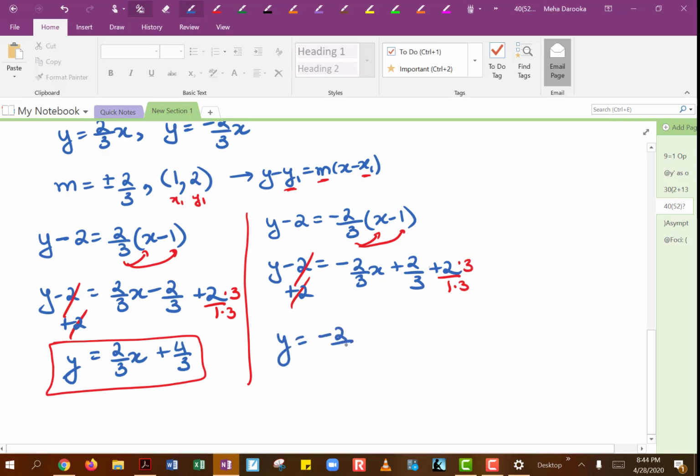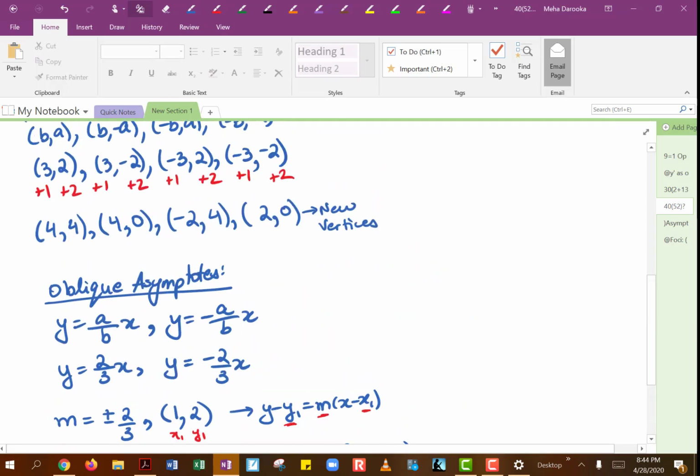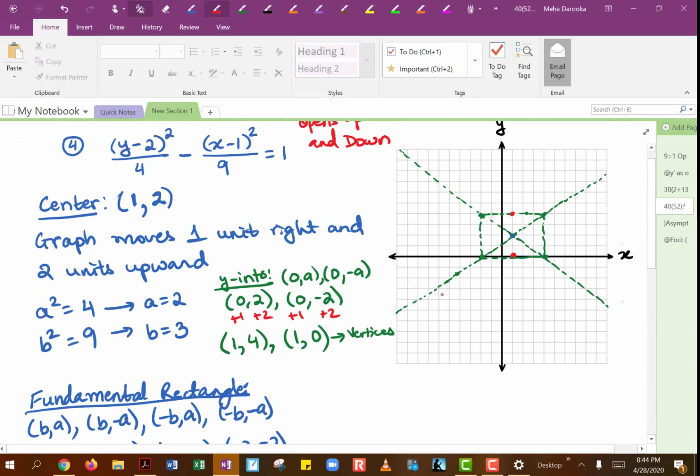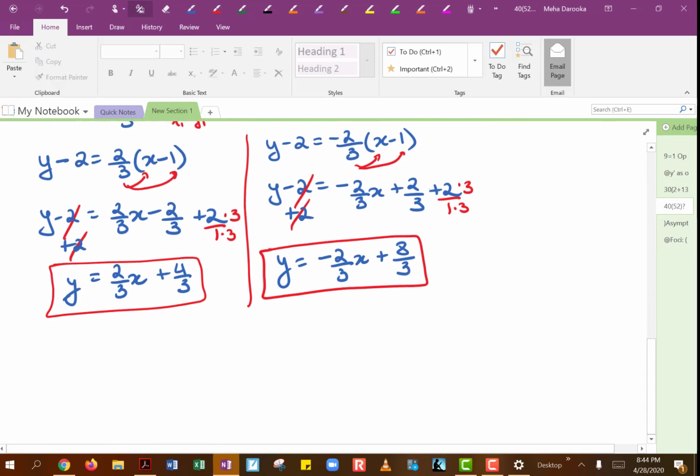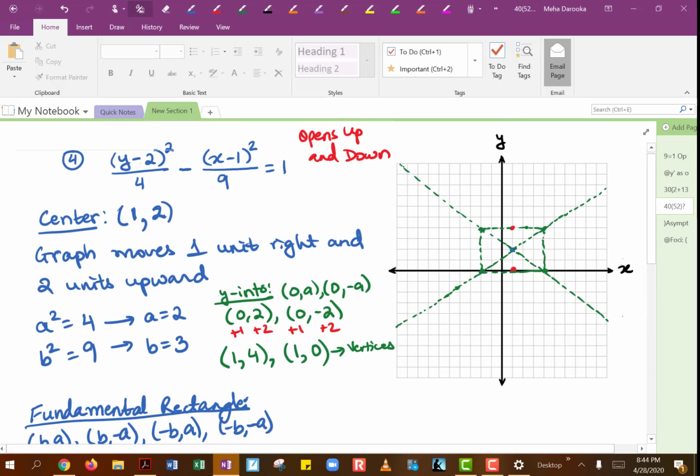And now I am adding positive 2, which with 2 times 3 is 6, so positive 2/3 plus positive 6/3 will of course end up giving us positive 8/3, and that will be the second equation for our oblique asymptote. So there you go. For the line with the positive slope, that's going to be y equals 2/3 x plus 4/3, and the line with the negative slope will be y equals negative 2/3 x plus 8 over 3.